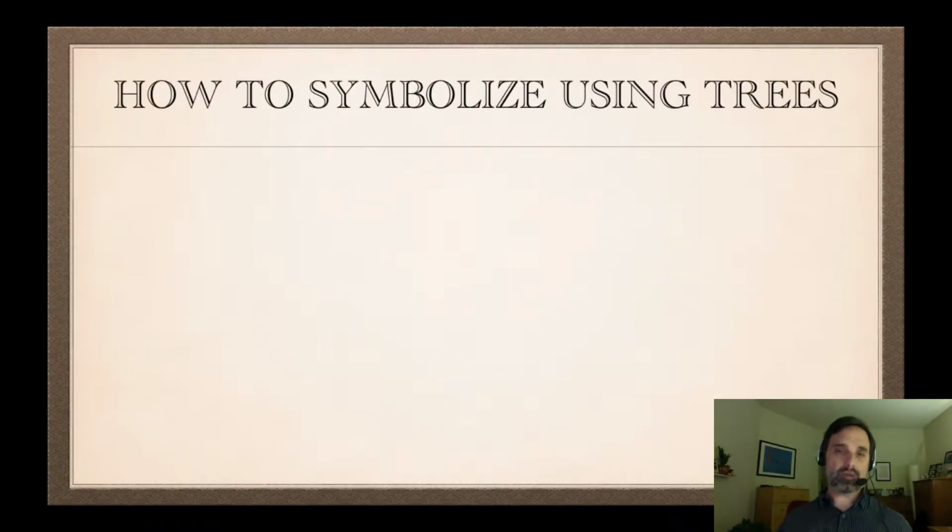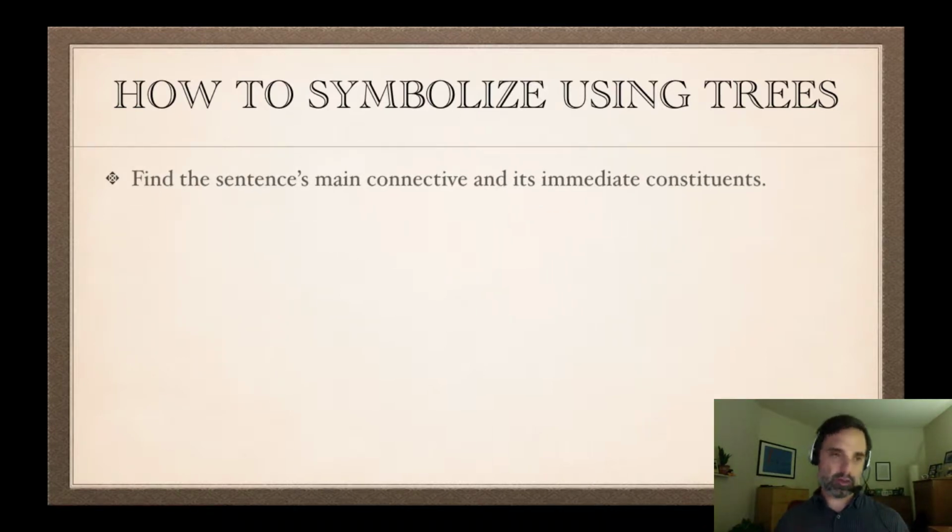Okay, so how do we symbolize? We're going to use grammatical trees that are partially English, partially logic. And as we proceed through the creation of the tree, we go from more English to more logic, ending with a purely logical sentence. And you've seen that happening. So how do we do this?